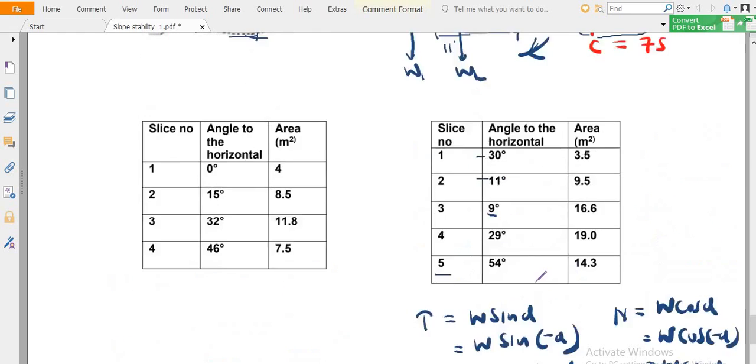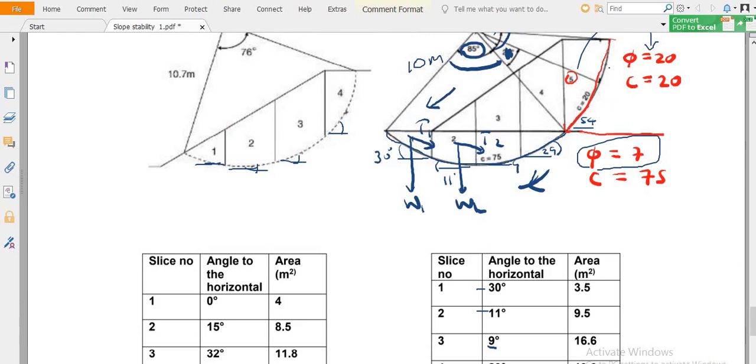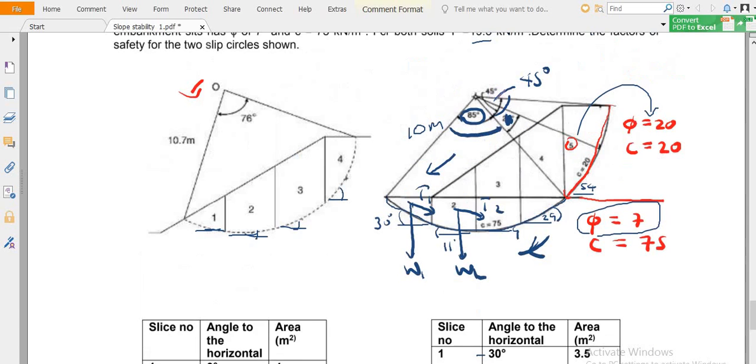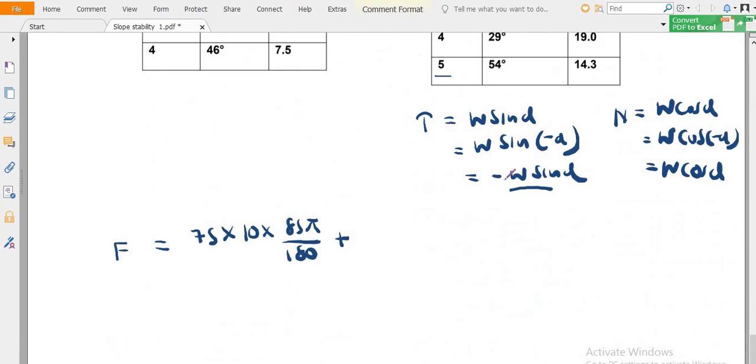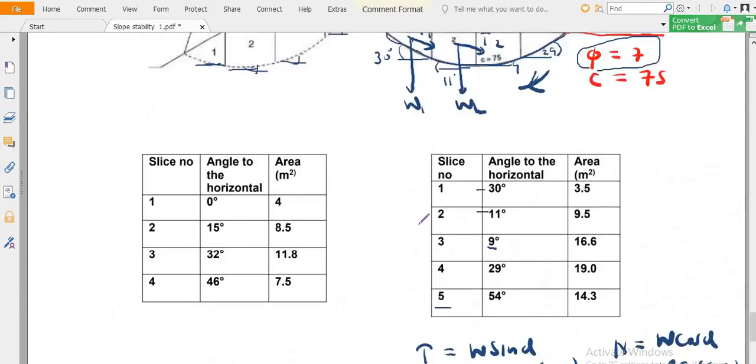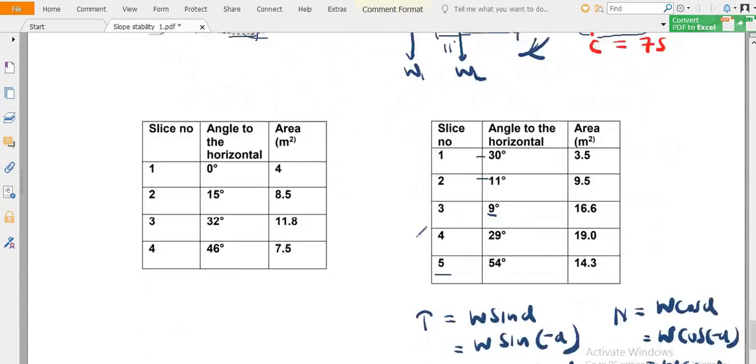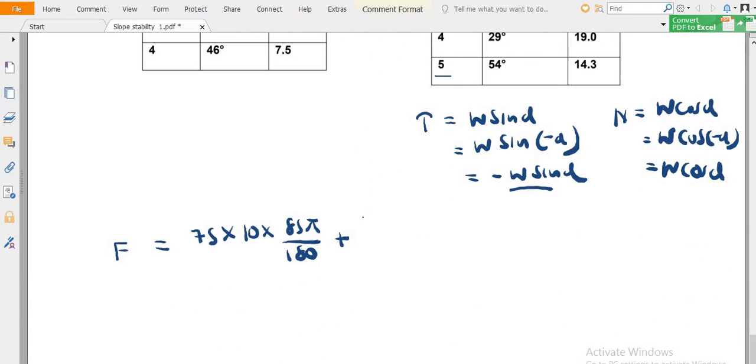So the second part is slice number 5, this slip surface, that is from 45-degree angle and R is the same. So we have the cohesion value in this soil is 20. So 20 into 10 into 45 by 180. So we have the cohesion part.